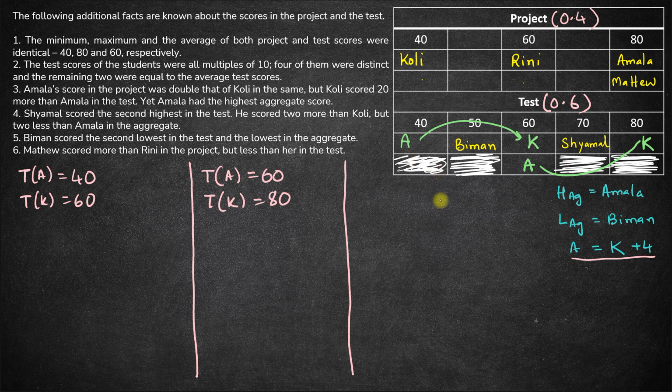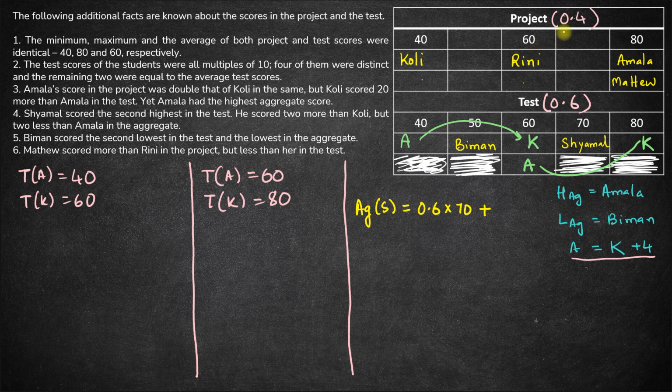Let's calculate the possible aggregate of Shyamal in the exam. So you have project whose weightage is 0.4 and test whose weightage is 0.6. Shyamal's aggregate will be weightage of project into Shyamal's score in project plus weightage of test into Shyamal's score in test, right? Now from test he will get 0.6 into 70 plus the score from project.